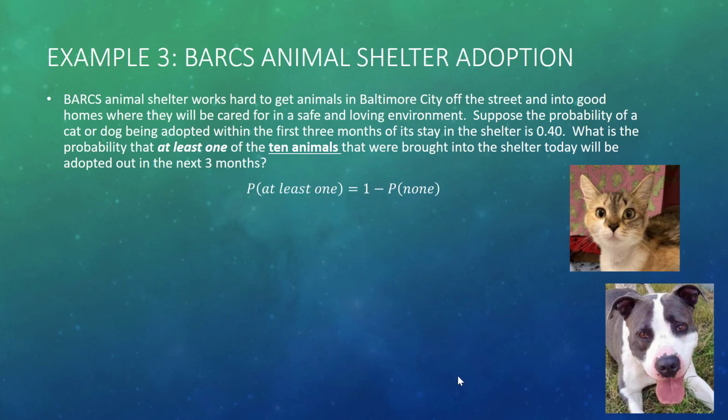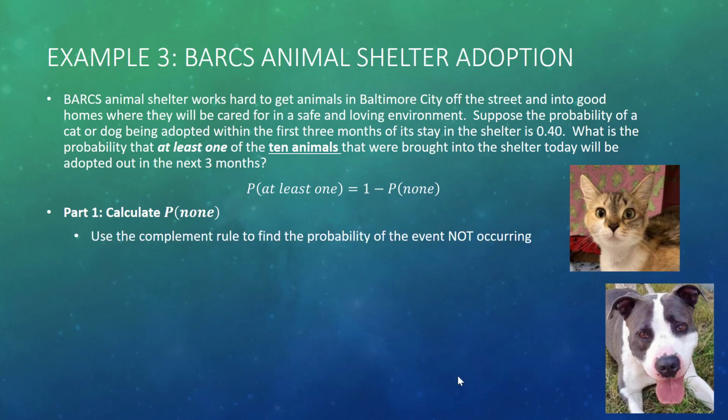So again, first thing we do is write down that probability of at least one. Then we have to start by calculating the probability that none of these 10 animals will be adopted out. Use the complement rule to find the probability of the event not occurring. So we know the probability that an animal will be adopted is 0.4, so 1 minus 0.4 is 0.6.